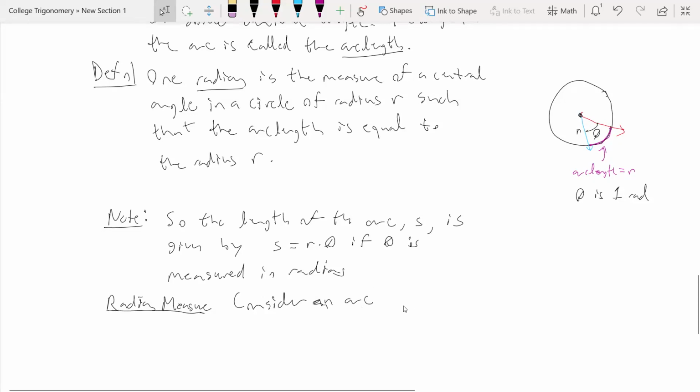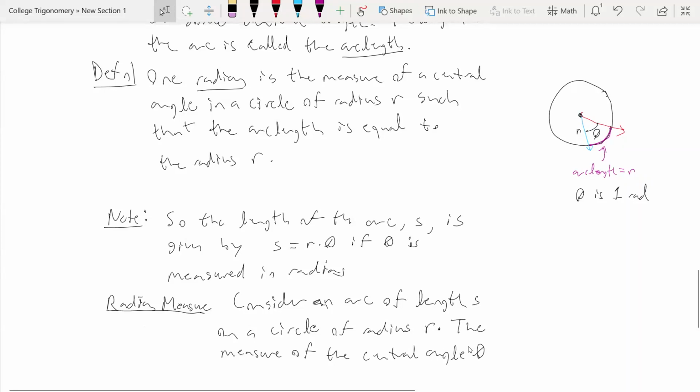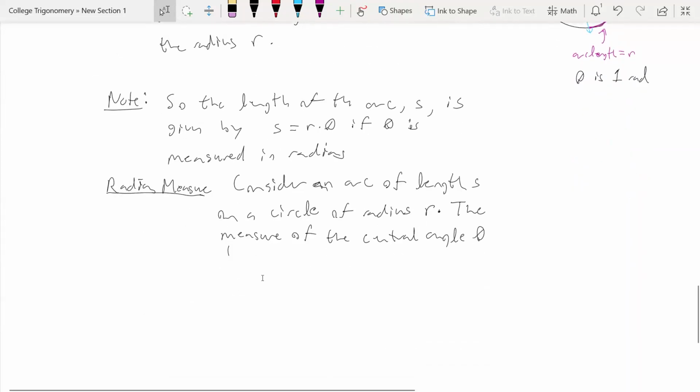Consider an arc of length S on a circle of radius R. The measure of the central angle, theta, that intercepts the arc.